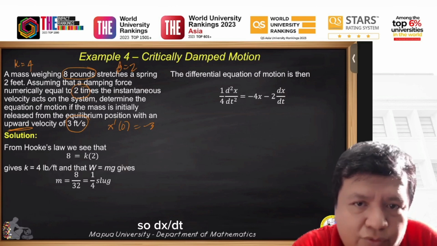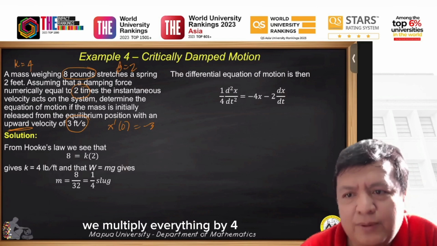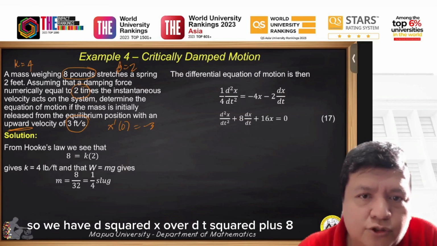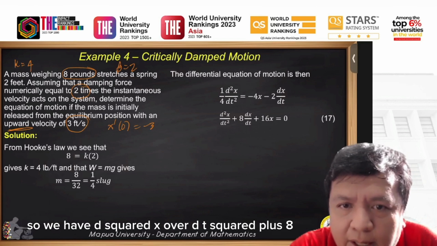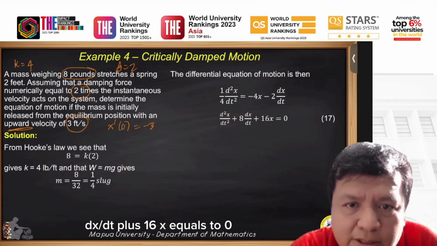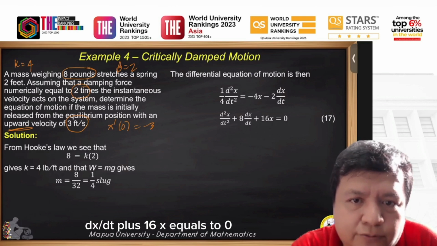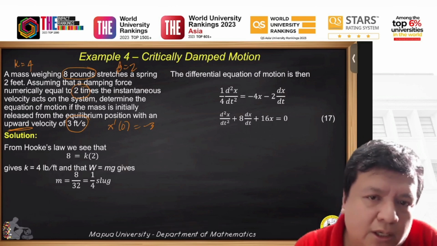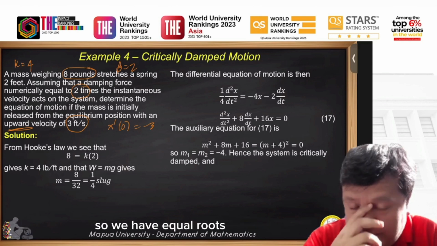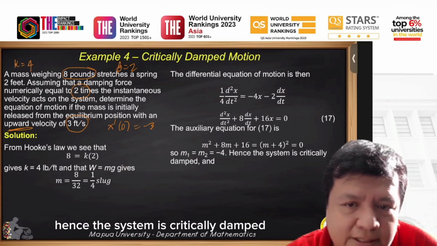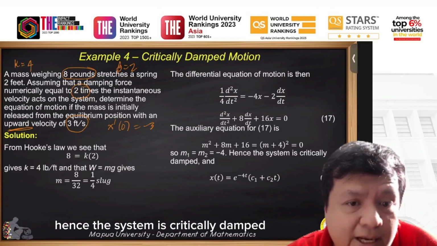We multiply everything by 4, so we have d squared x over dt squared plus 8 dx over dt plus 16x equal to 0. So we find the roots. The roots are negative 4 and negative 4. So we have equal roots. Hence, the system is critically damped.